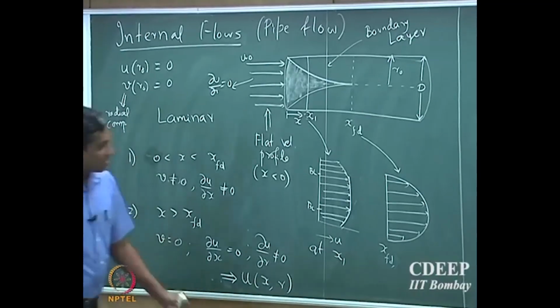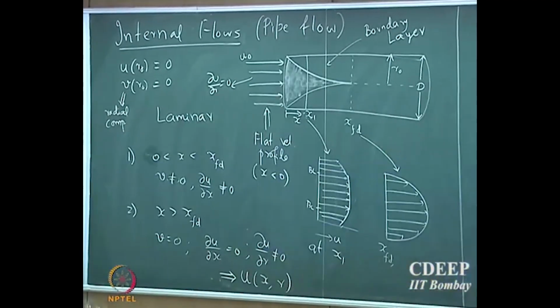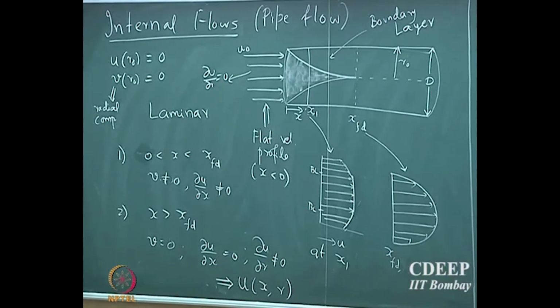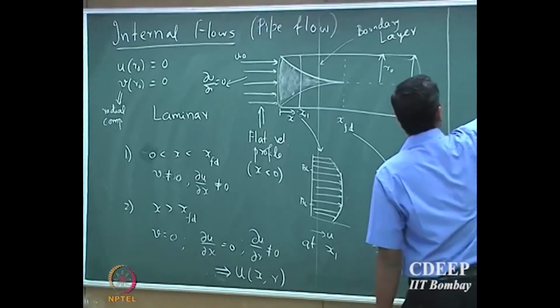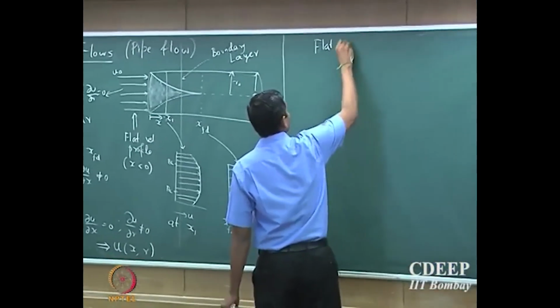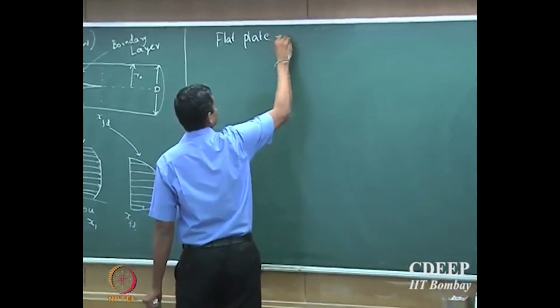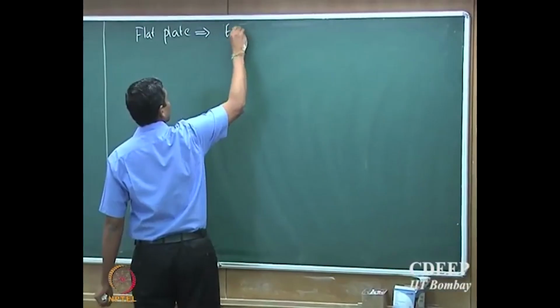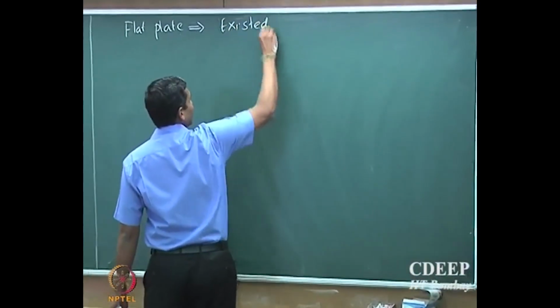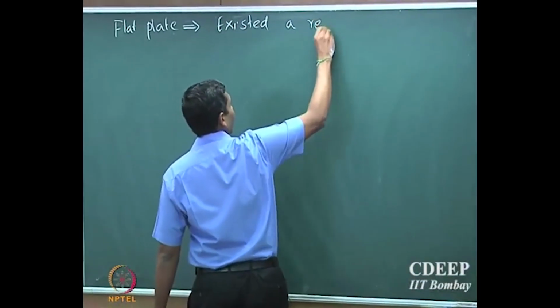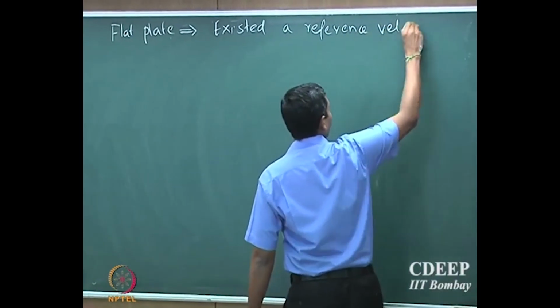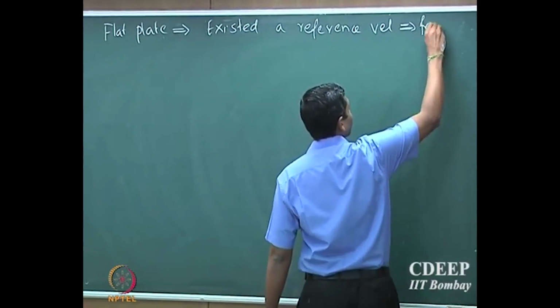So with this, let's see what to do. In the flat plate case, there always existed a reference velocity, which is basically the free stream velocity.